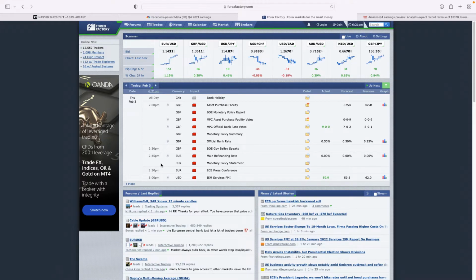And if you see anything below 50%, you know there's trouble. So the previous was 62, the actual is 59. The forecast was 59.5. So because it's above 50 and we're still keeping it above 50, it shows that there's continuous growth within the US dollar, and I'm not sure how that works there as well.